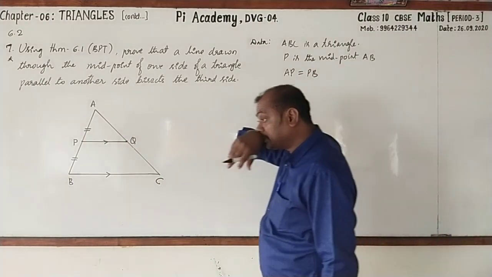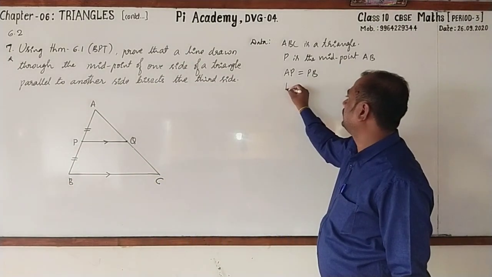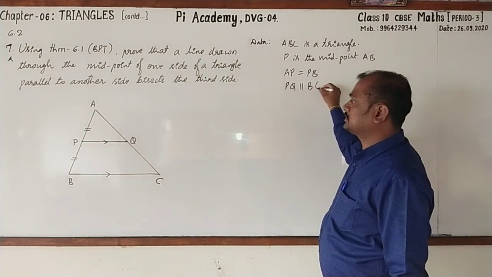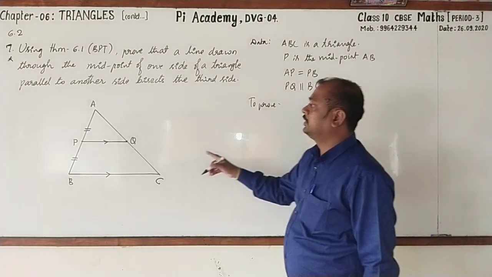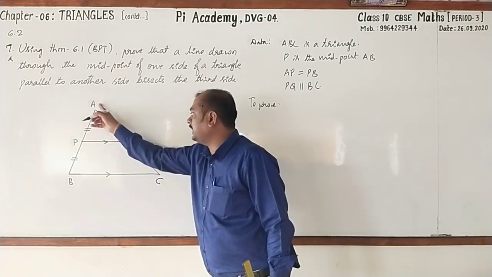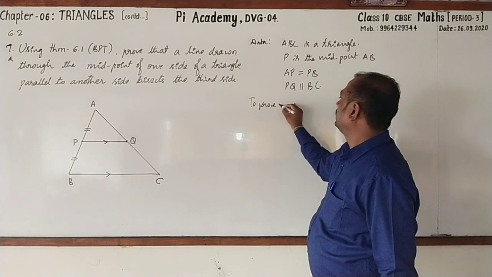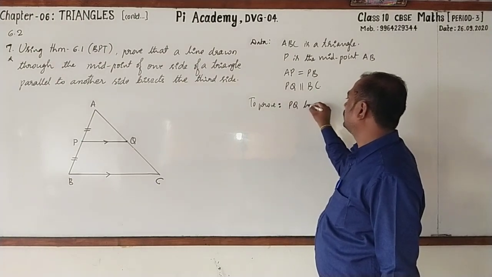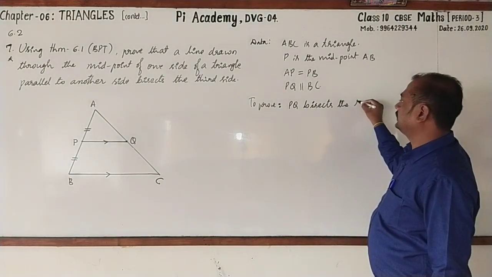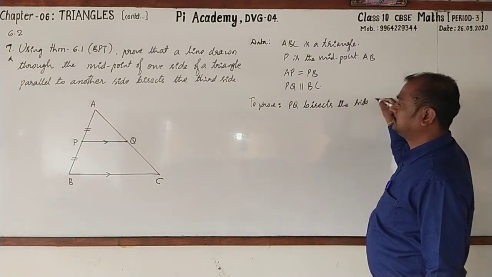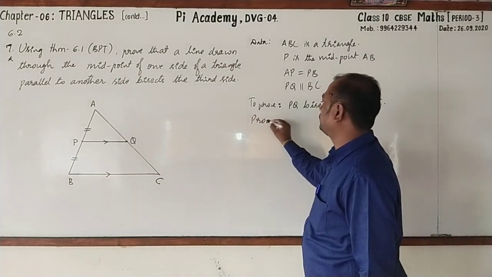Followed? Next, they have also given PQ parallel to BC. With this information, you are going to prove that PQ bisects AC, that is the third side. Yes. Write the proof with me.